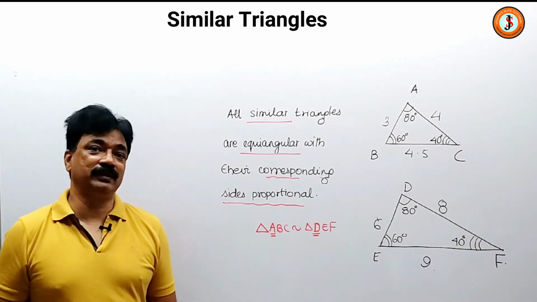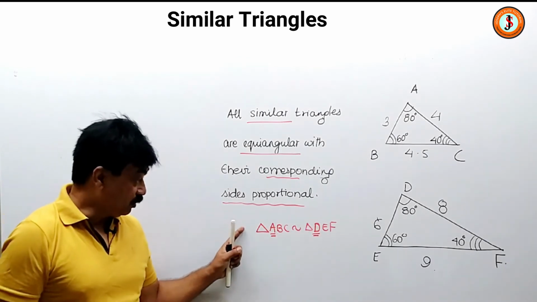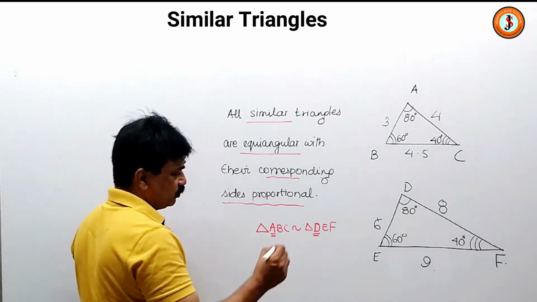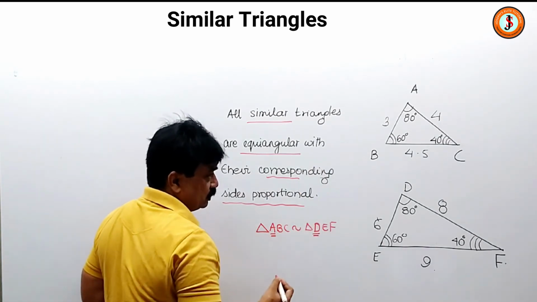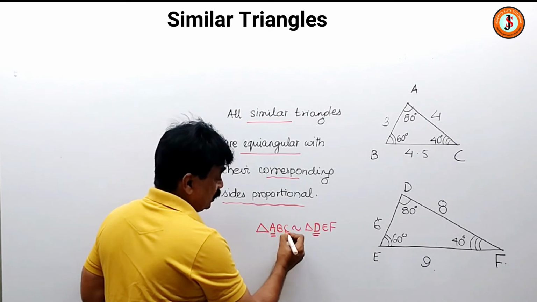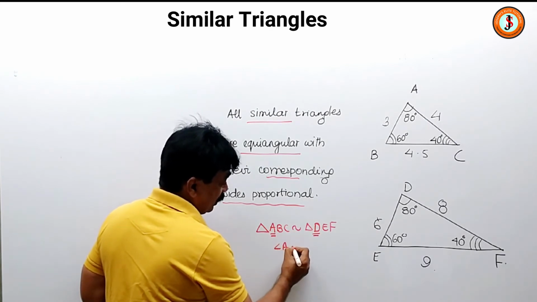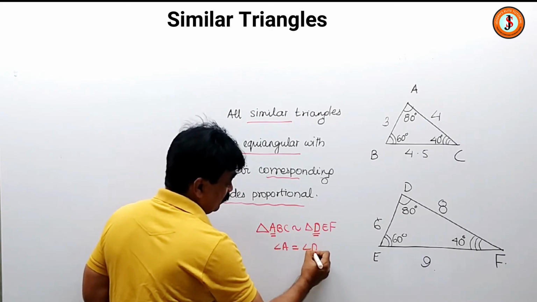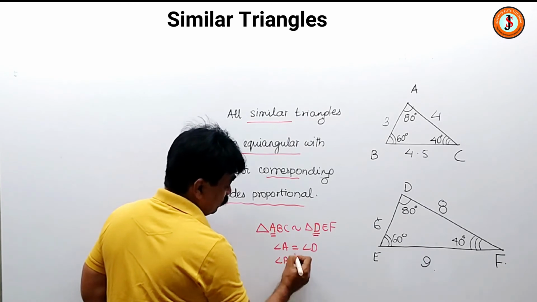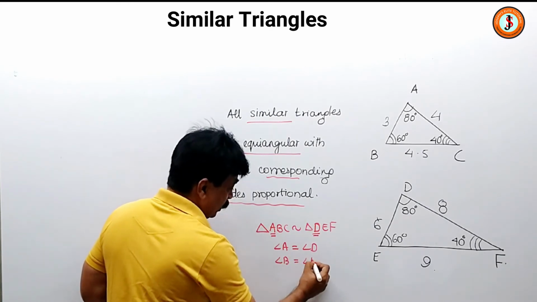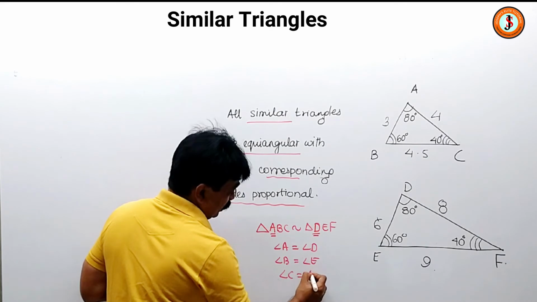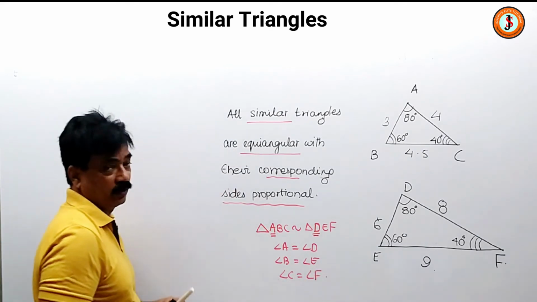You have to match the vertices correctly. And if triangle ABC is similar to triangle DEF, then they are equiangular. That means you have to write angle A is equal to angle D, angle B is equal to angle E, and angle C is equal to angle F.